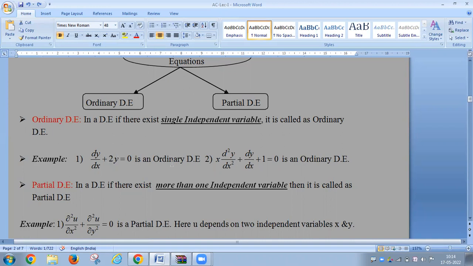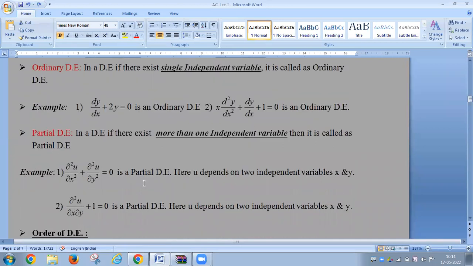So it is an ordinary differential equation. For example, consider this one. This is also an ordinary differential equation. If you observe, here also there is only one independent variable, x. So this is also an ordinary differential equation.